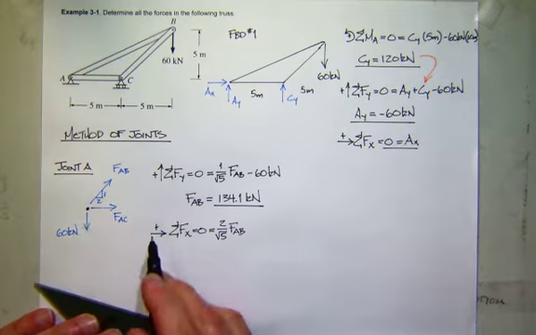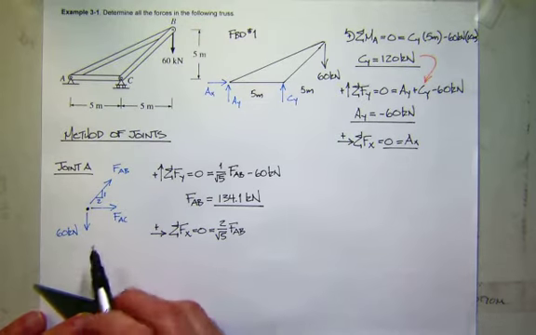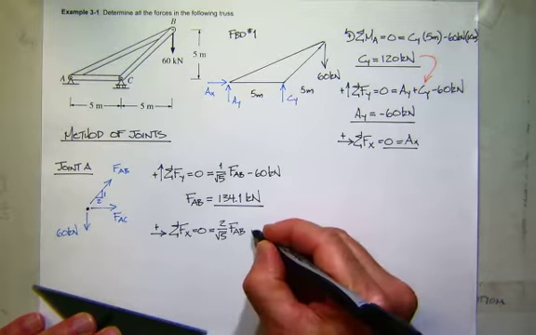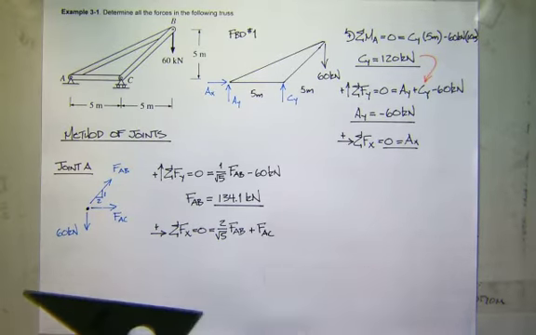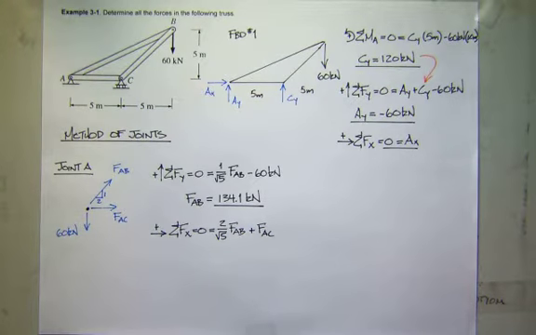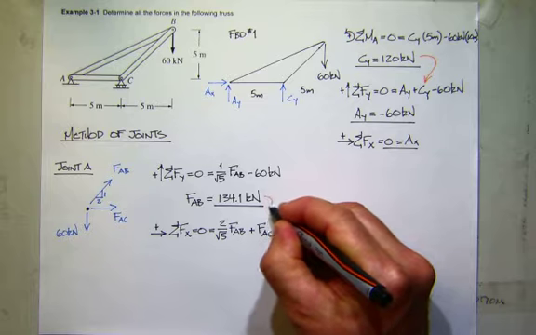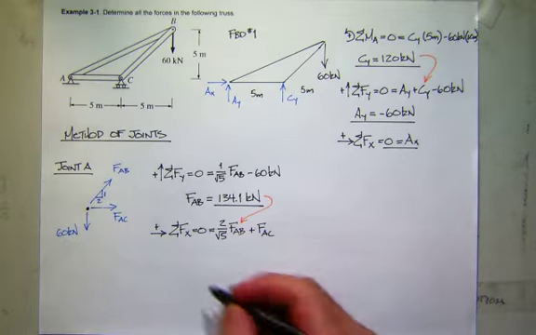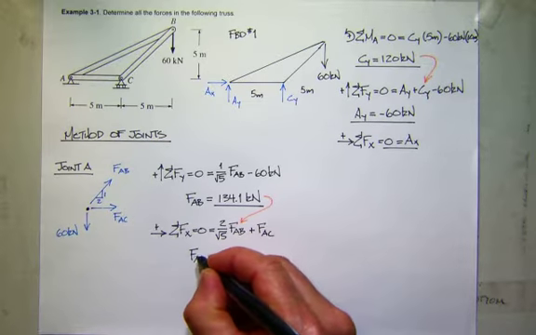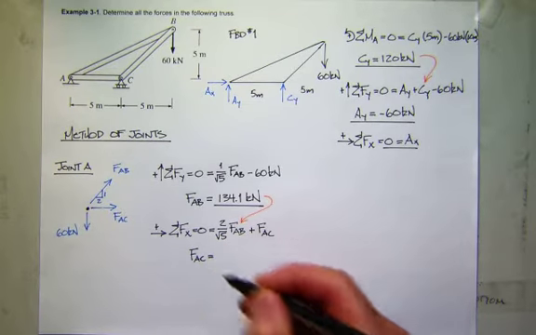It's going to the right, so that's positive. What about AC? Positive. Anything else? I think that's it, right? So I can plug my value for AB into here. It looks like AC is 120. Is that right? And it's negative.